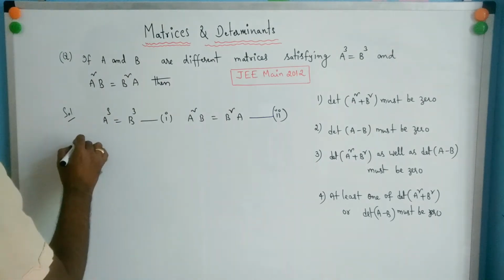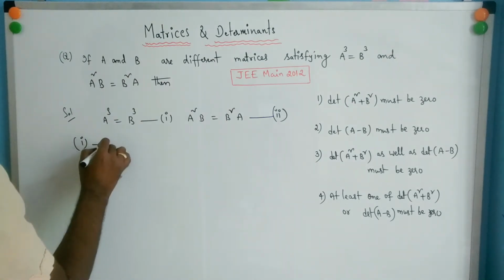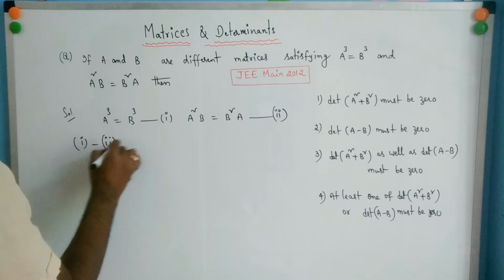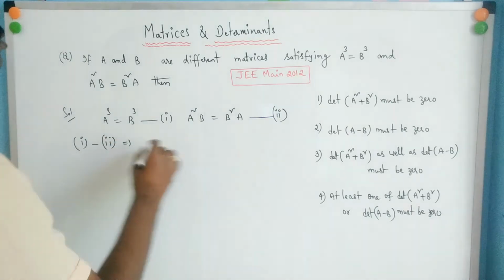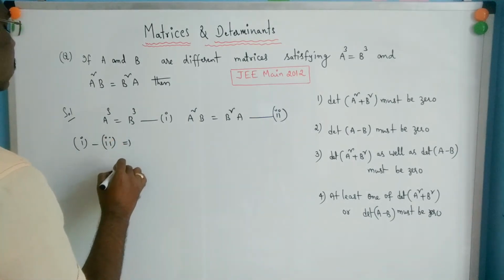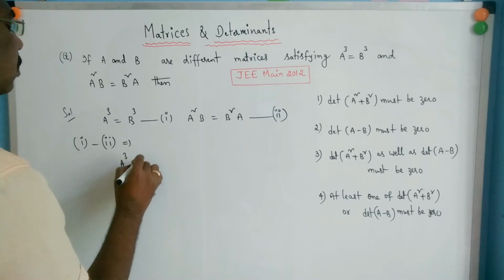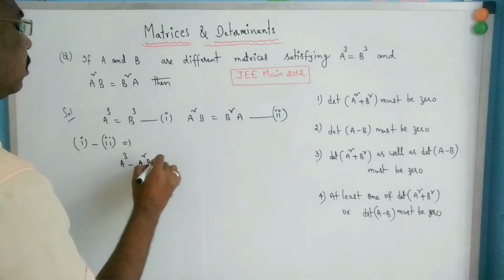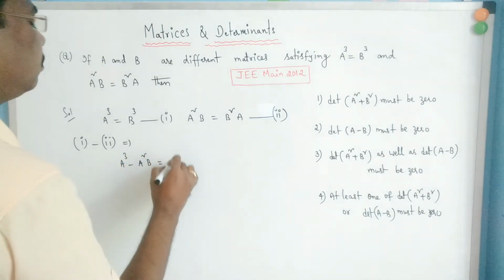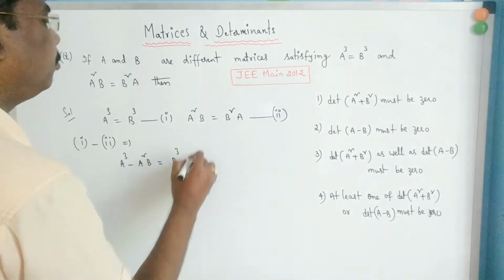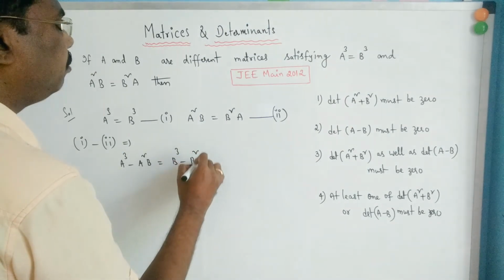Okay, now equation 1 minus 2 implies A cube minus A square B is equal to B cube minus B square A.